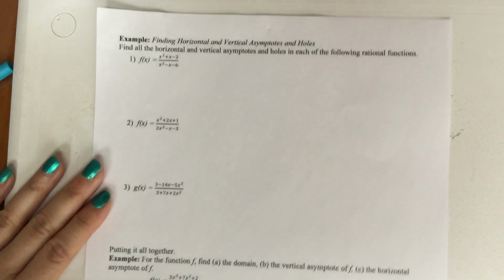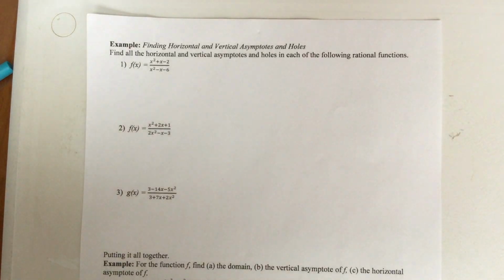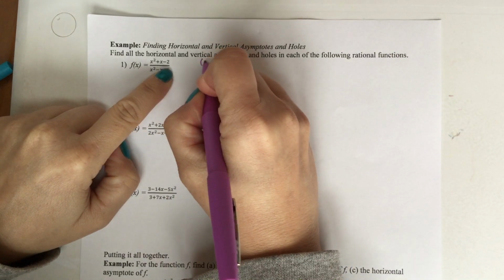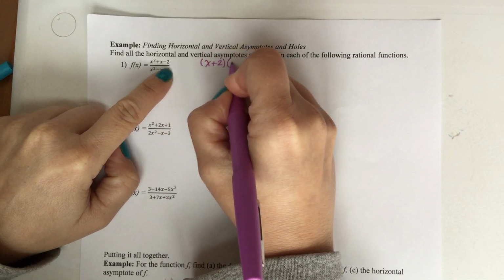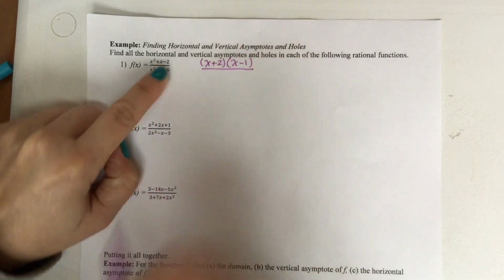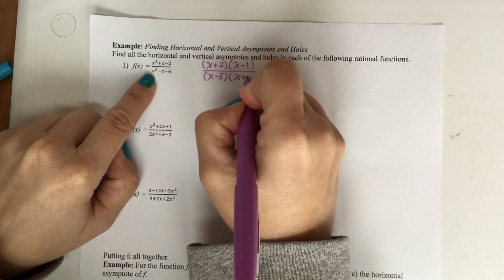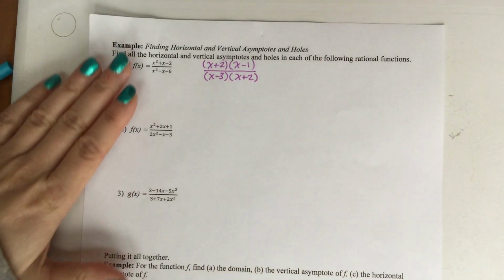Okay, what you have to do is step 1. Step 1, see if you can factor these. The way that you can find the holes is to go ahead and factor. On the top, I can factor this to x plus 2, x minus 1. On the bottom, I can factor this to x minus 3, x plus 2. Now what happens?